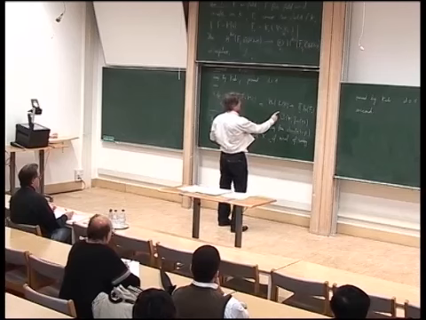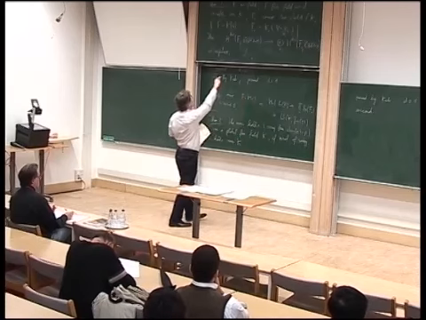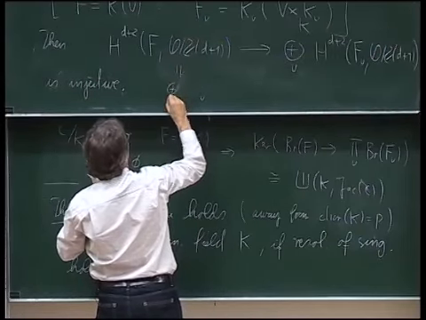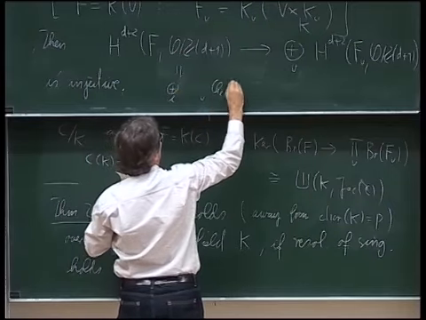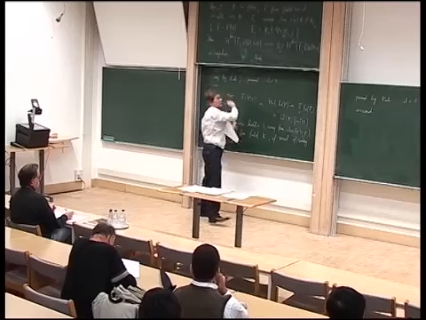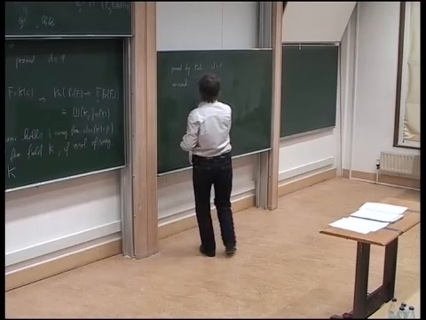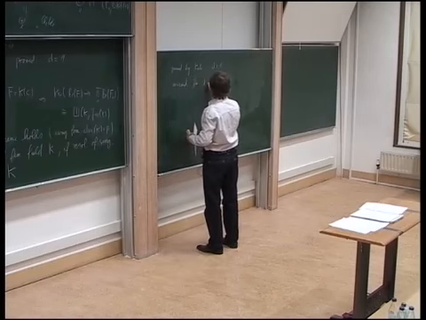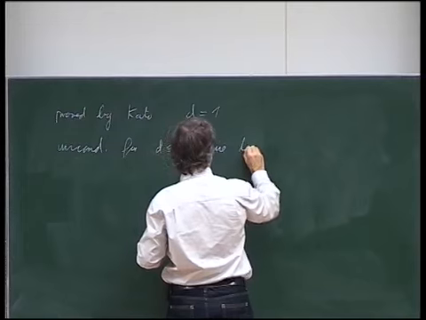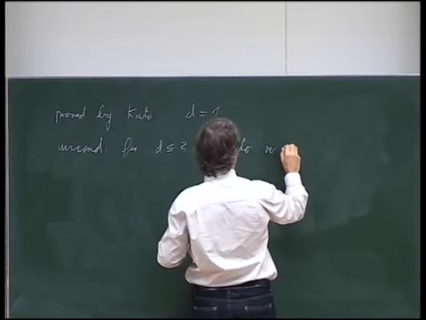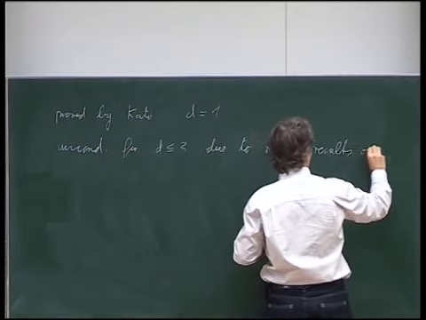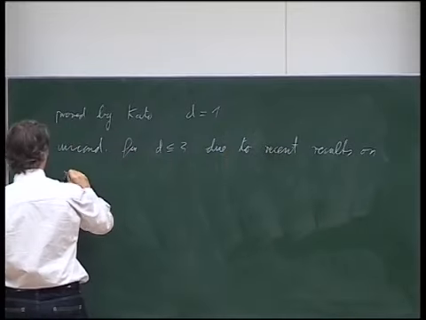You can always write this as the sum of the l-primary components, with Q_l/Z_l, and I do not consider the l equals p part. So unconditional for d at most 3, due to recent results on resolution of singularities.